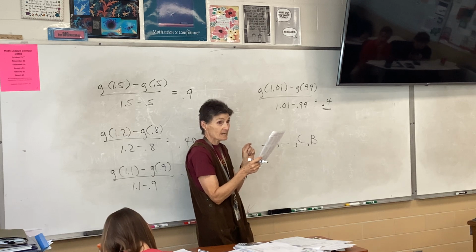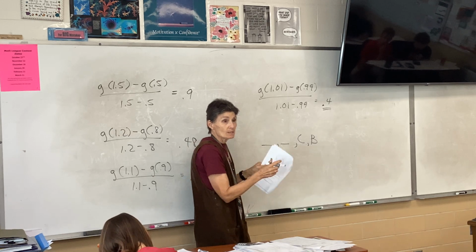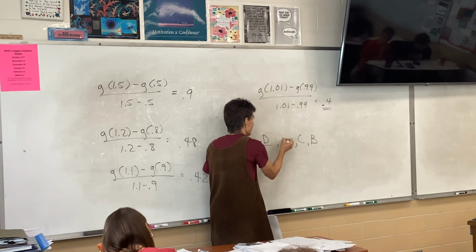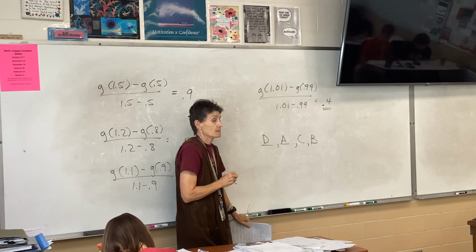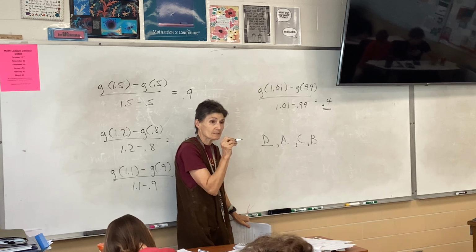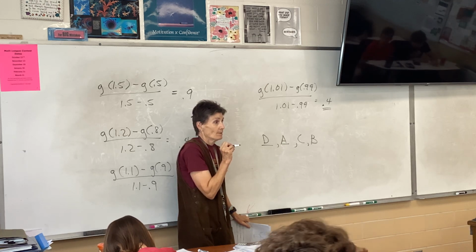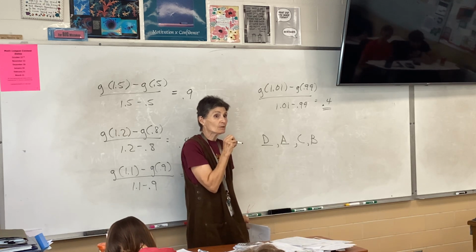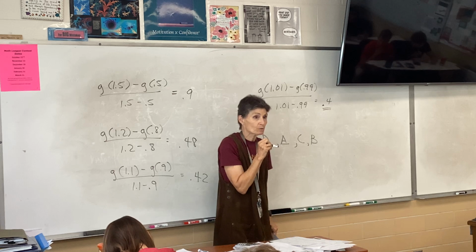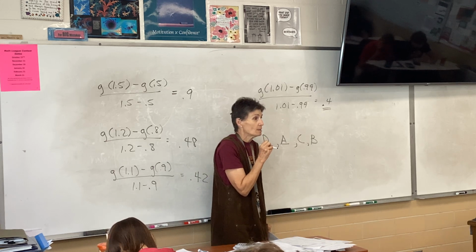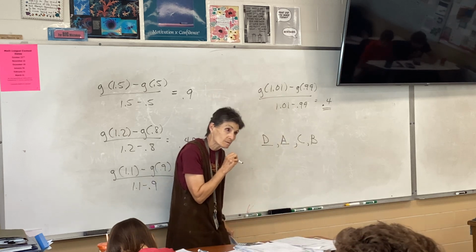Looks like D is most negative, so it would have the smallest slope, and that leaves A to be next. Did anybody not follow that? So if he didn't tell you to draw on the lines, would you know to do that? You're comparing rates of change, so you're comparing slope.